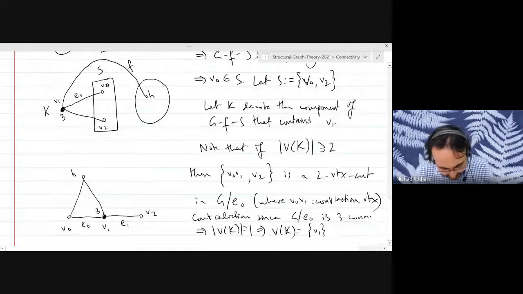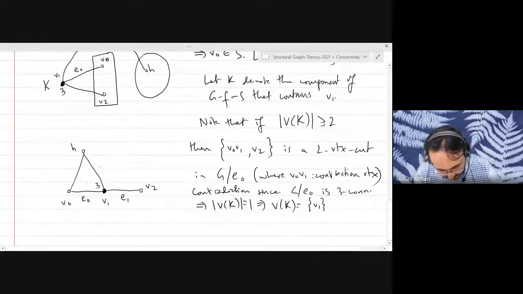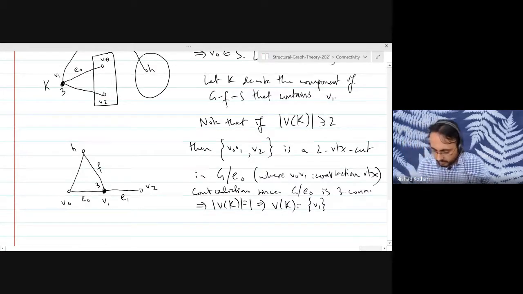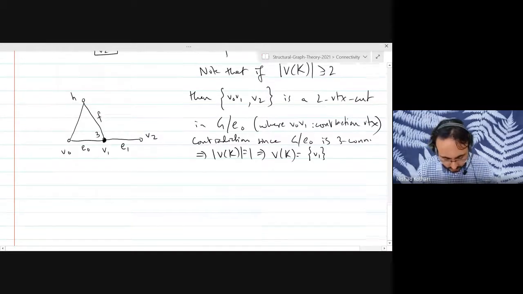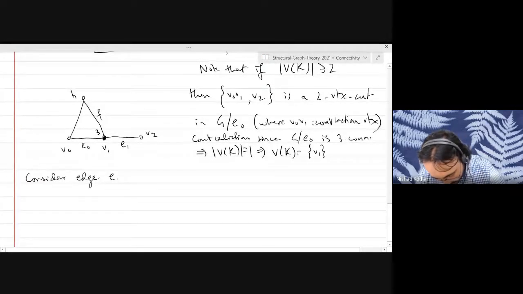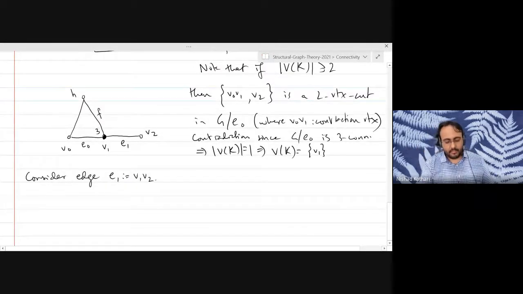And this edge HV1, just to remind you, this is the edge F. So consider the edge E1, which has ends V1 and V2.